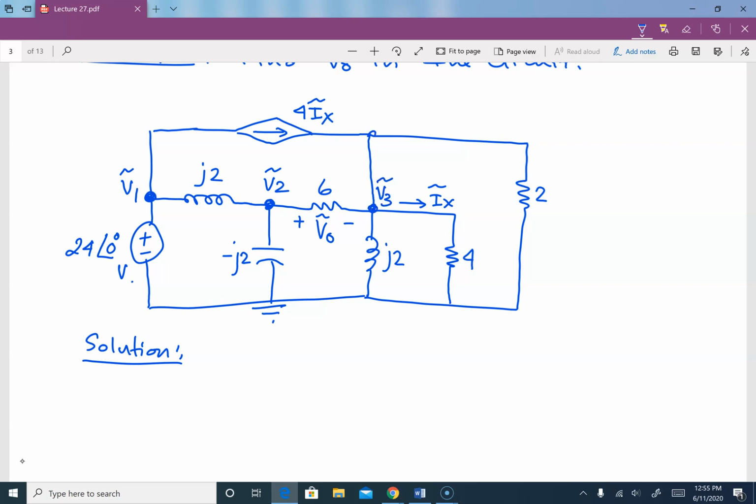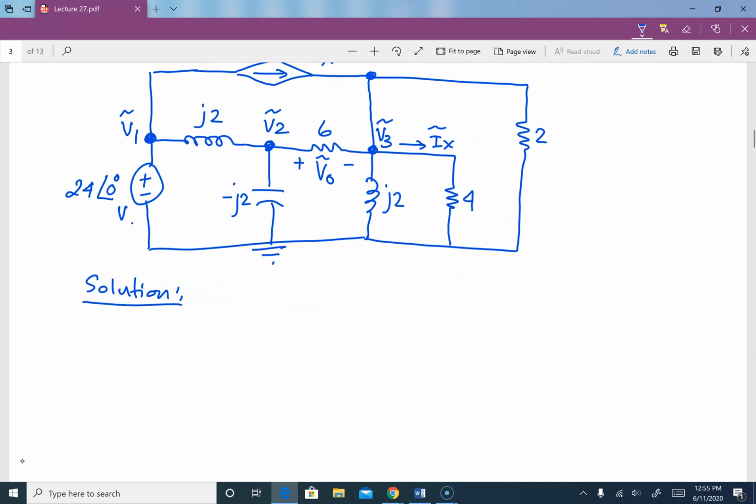So if you look at this node, that is the same as V3. So we can write at node 1. There is a voltage source between node 1 and the reference. That means our V1 is equal to 24 with angle 0. And this is our first equation.